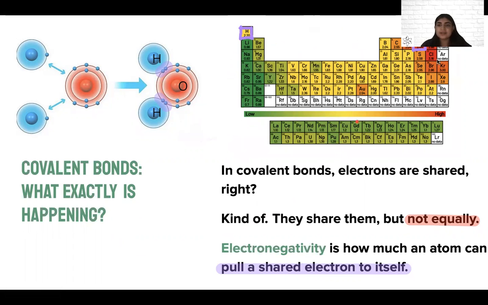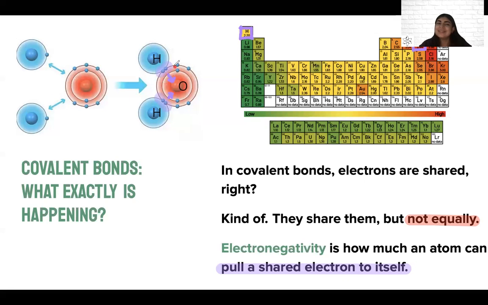Since oxygen's electronegativity is so much higher than hydrogen's, these shared electrons are going to spend a little bit more time with oxygen than they are with hydrogen. And that basically is going to make oxygen a little bit more negative and hydrogen a little bit more positive. Oxygen has its own 6 electrons, and then it's sharing these two and these two.